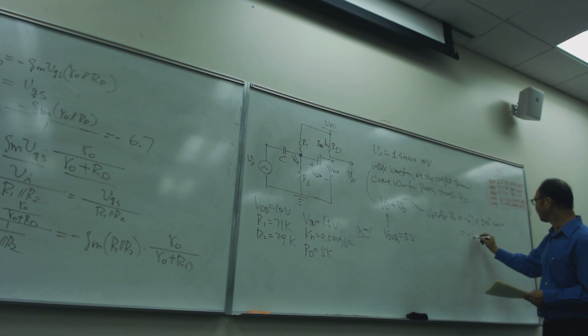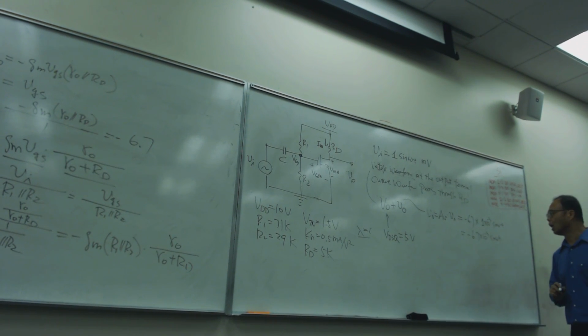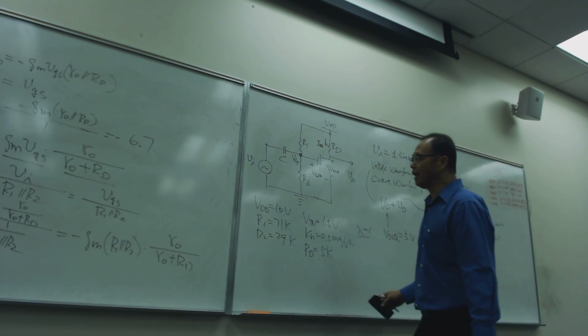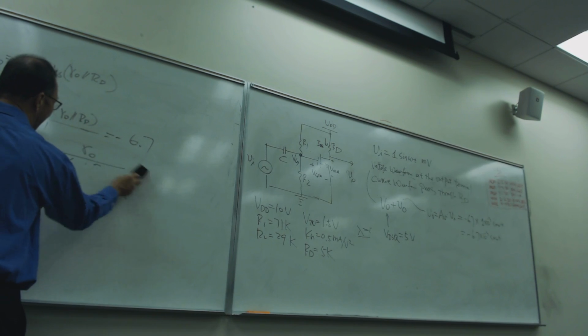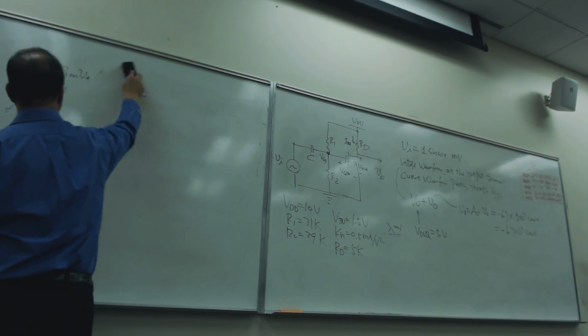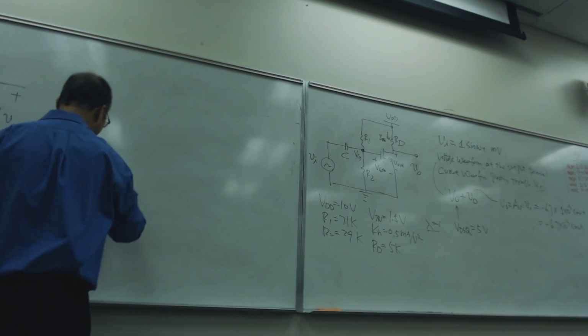So therefore it's minus 6.7 times 10 to the minus 3 sine omega t, correct? If you build the circuit in the lab and use a voltage probe, this is what you should expect.